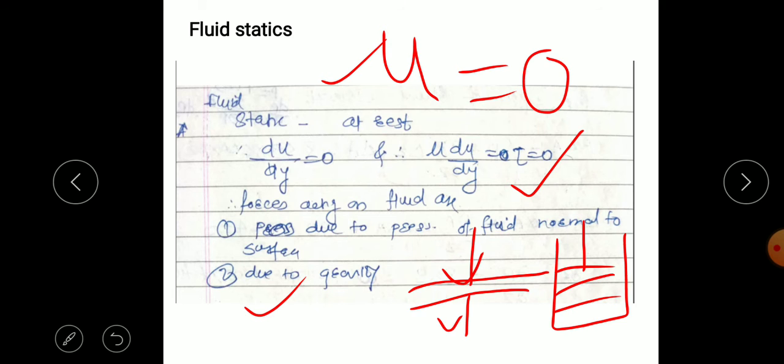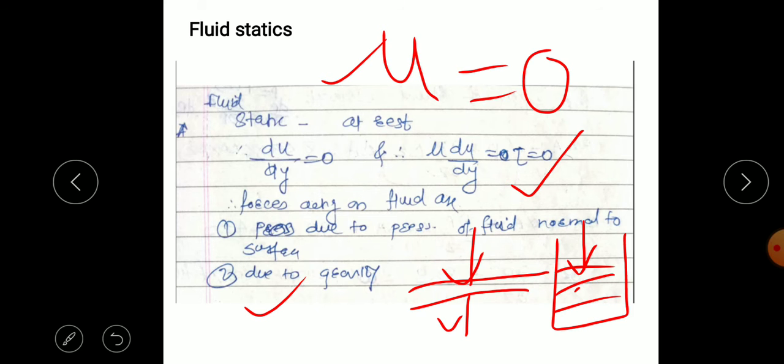There is one force due to the pressure, and second, at this particle, force due to the weight, that is due to gravity, will act. So when there are no shear stresses, only the pressure force of the fluid and the force due to the weight of the fluid will act.